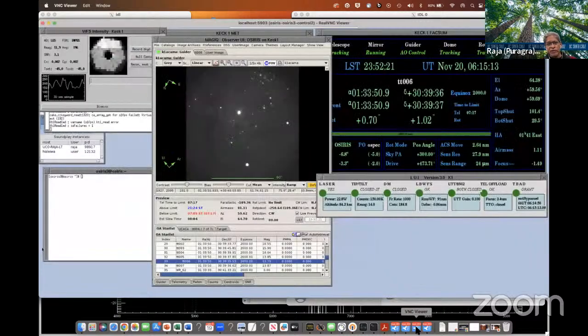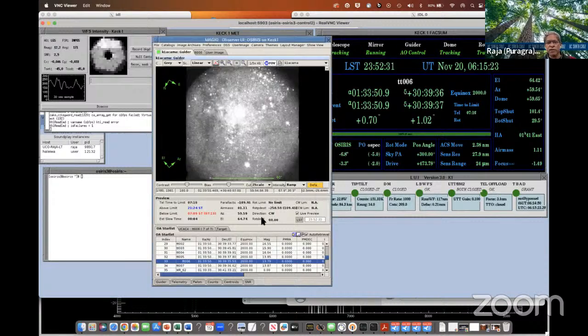So if I go to the guider, I should see it. This is the guider image, right? So the tip tilt star must be very close to the center. And am I pointing to the central cluster here?